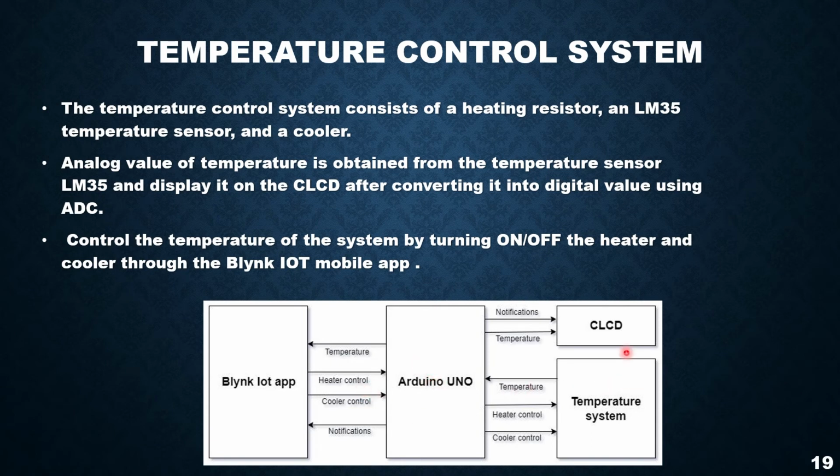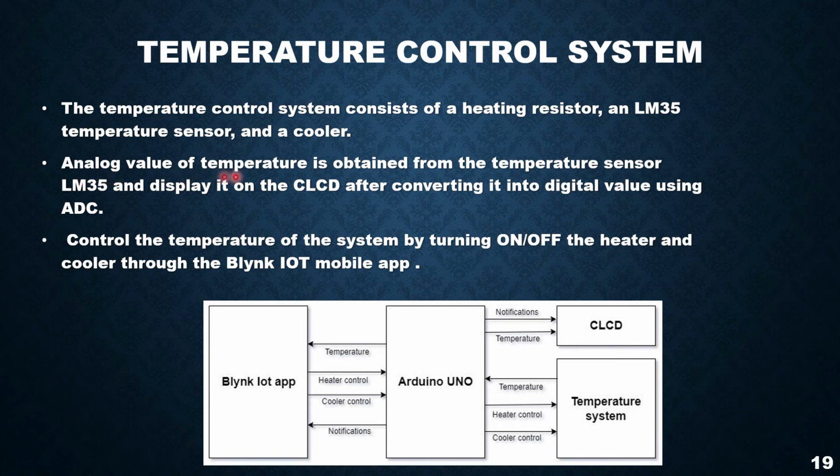We connected the LM35 sensor to the Arduino, and we also connected a CLCD to display and notify the temperature. And we are using the Blynk IoT app to turn on and turn off the heater and cooler. We can also get notifications on the Blynk IoT app. The temperature control system consists of a heating resistor, an LM35 temperature sensor, and a cooler.